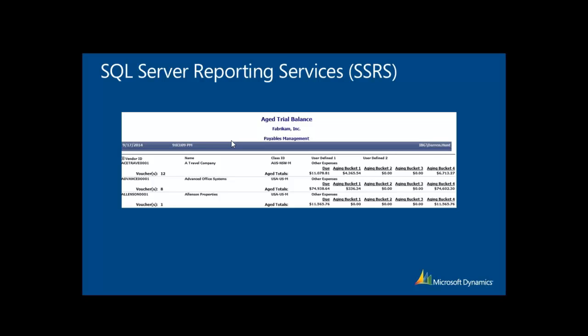The reason I wanted to show you this is that it's actually multiple reports built into what looks like a single report. I have very summarized information from this point of view. For that first vendor, Ace Travel, I can see their aging buckets going across, but I can't really see the details behind the aging that's happening.